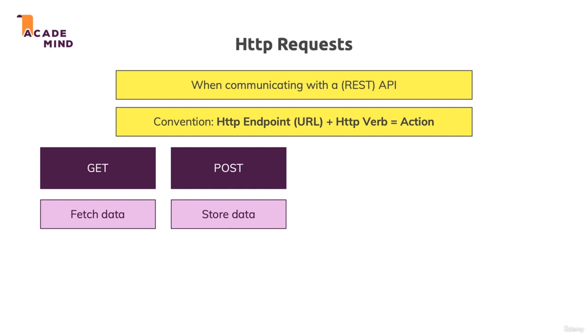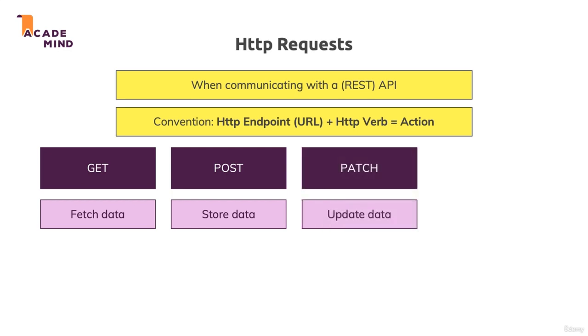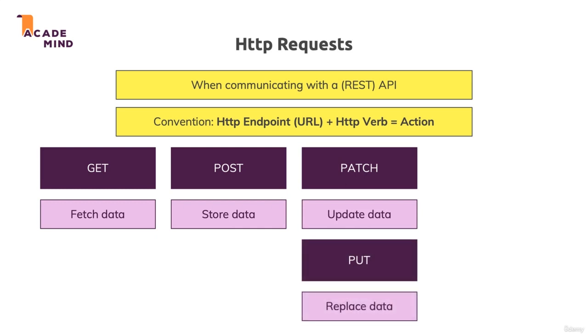Now, besides adding new data, you might also want to update existing data. And this can be done with the patch request, which updates data, or as an alternative, you can send a put request, which replaces data. The difference is that patch typically just edits the fields or the pieces of data that changed, whereas put takes some new data block and replaces an existing one with it. Again, it depends on your web server which type of requests it accepts and what it does in detail then.